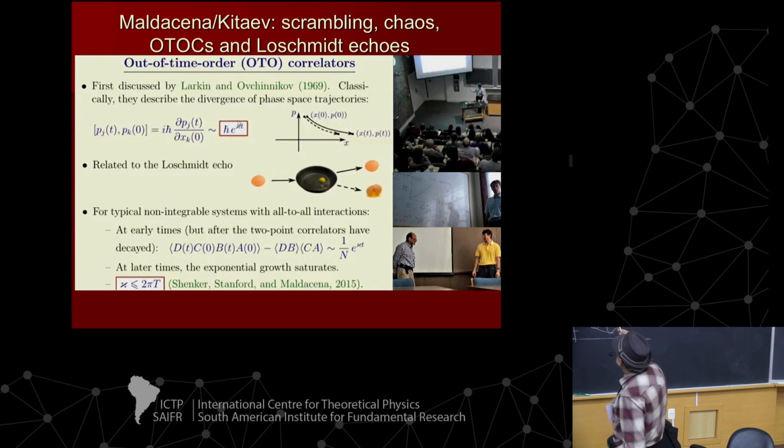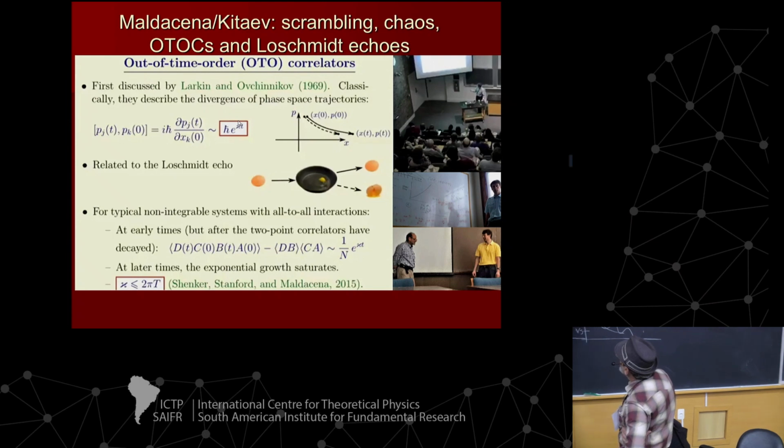So Larkin-Ovchinnikov, in the context of transport in disordered metals, discussed what happens if you start with a given value of an operator at time 0, what is the value at a time t, how will it change, in different directions for example. So this will commute at time 0 because there are different directions of the momentum. But because the dynamics starts mixing it up, they no longer commute.